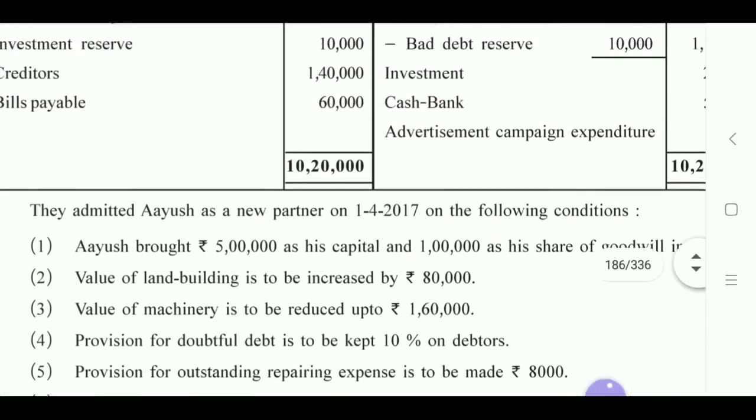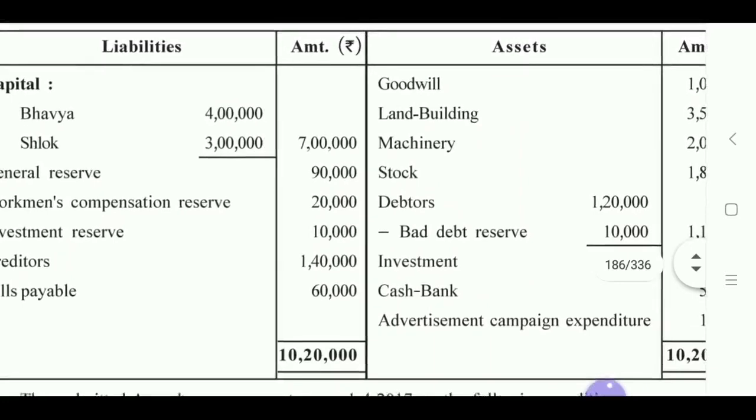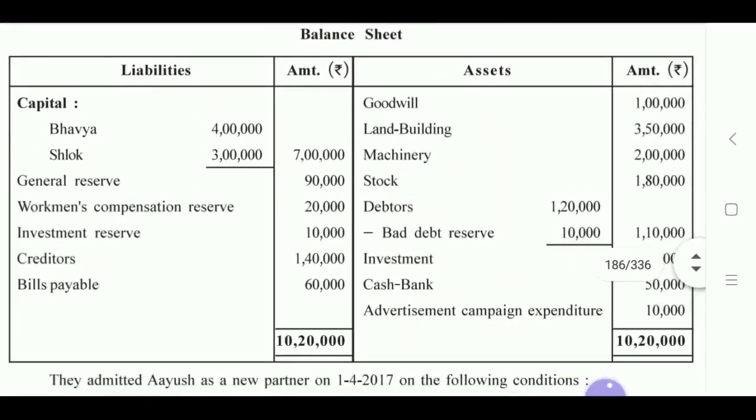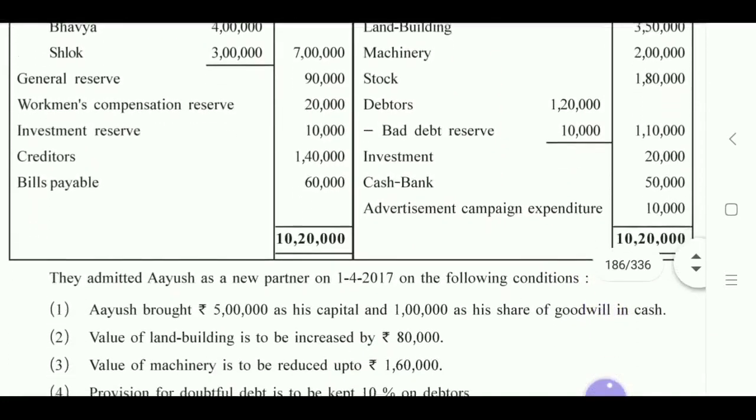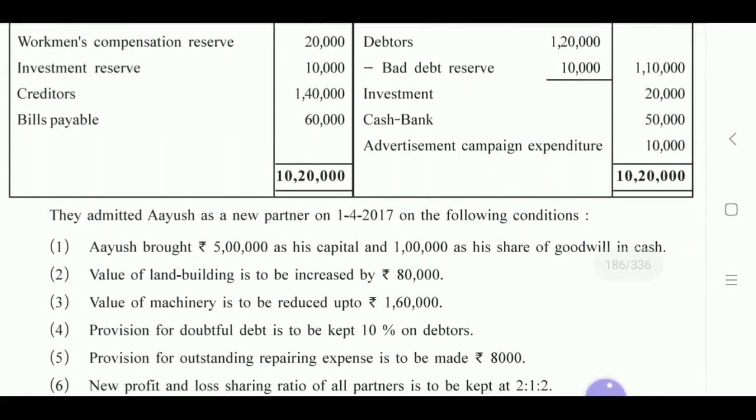What is the book value of land and building? It is 3,50,000, and they say that it is to be increased by 80,000 more. This simply means that the value of land and building has increased by 80,000. Yes?